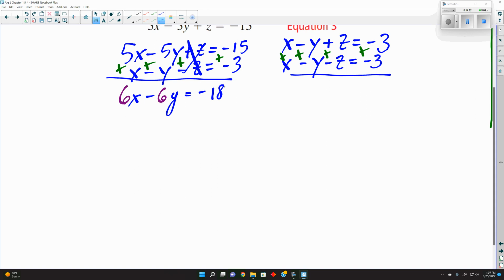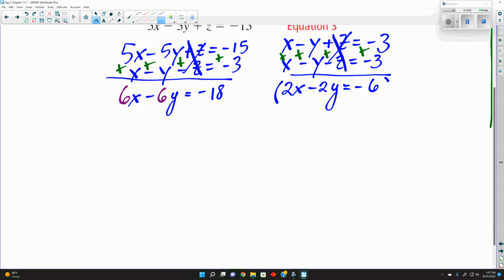On the other one, x plus x is 2x, negative y plus negative y is negative 2y. These cancel and equals negative 6. So these are the two equations we get. Unlike when we eliminated x, where we just got z equals 0, we have this here.